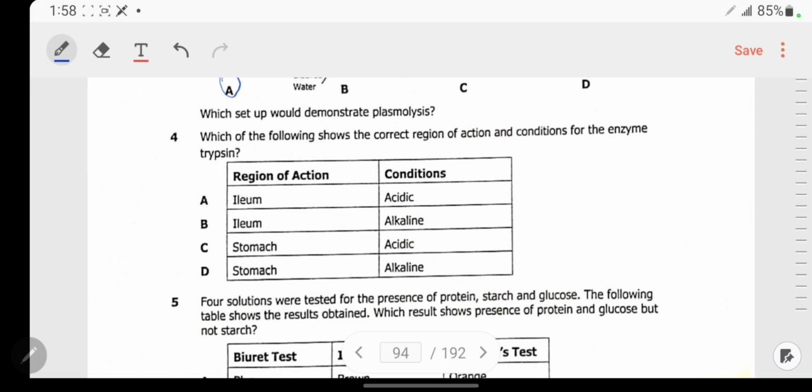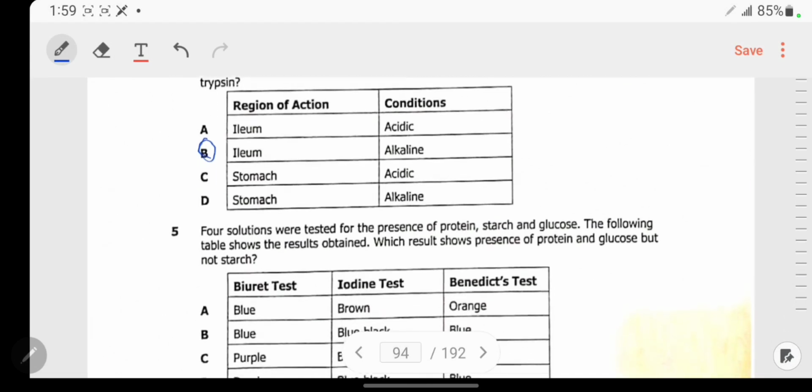Now, in the duodenum, due to the secretion of bile, which causes an alkaline solution, the correct answer would be the duodenum and an alkaline solution. Now, looking at the options, we only have the parts of the small intestine, which is the ileum. So there is some digestion that occurs in the ileum. So we are going to go with the ileum. The condition is that it has to be alkaline due to the bile salts that are secreted. So the answer there is B.